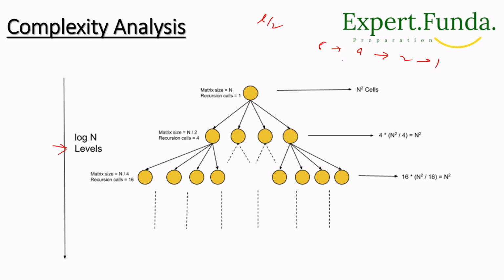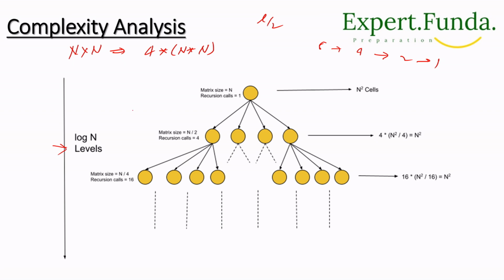For example, initially we have one call for a matrix of size n cross n. Then we will have four recursive calls.